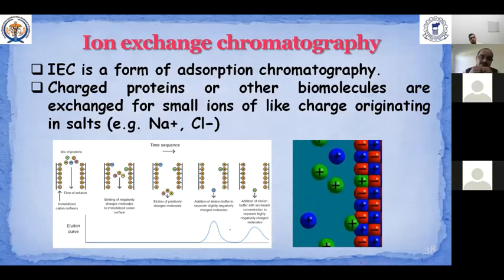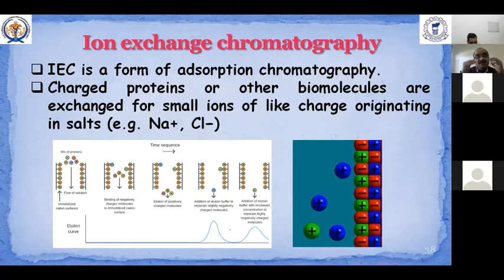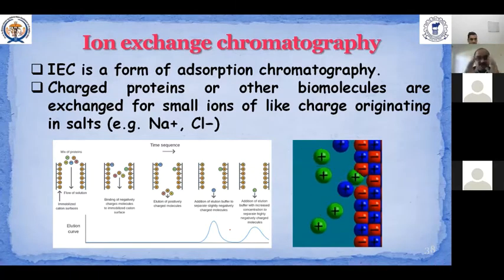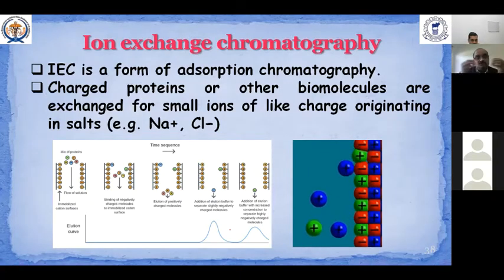When proteins are in an acidic medium, they are positively charged, and in an alkaline medium they have a negative charge. So ion exchange chromatography uses this property of charge for the separation of protein molecules.